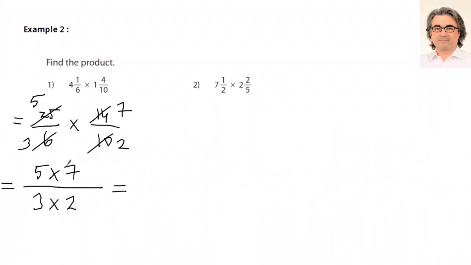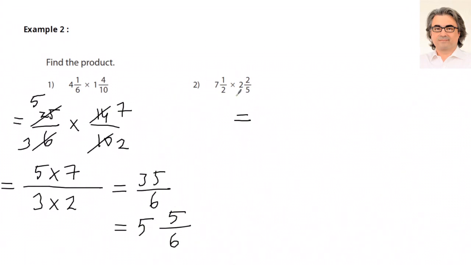There is no simplification between numerators and denominators. 5 times 7 is 35. 3 times 2 is 6. And finally, in 35 we have 5 sixes. 5 times 6 is 30, remainder is 5, and denominator is 6 again.